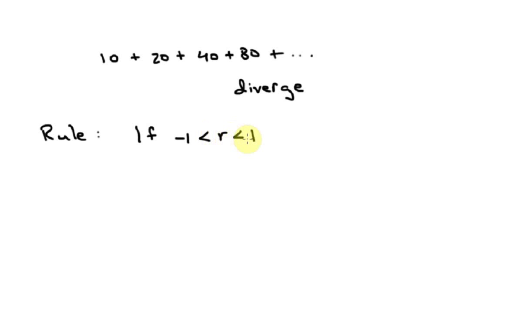And if that's what your common ratio is, then the sum exists. Then the series, this is the fancy way of saying it, then the series converges. Okay? In other words, a sum exists. And that's because the terms keep getting smaller then. And so that's what you want to look for. That's the rule, so that you know you actually have a sum or not.